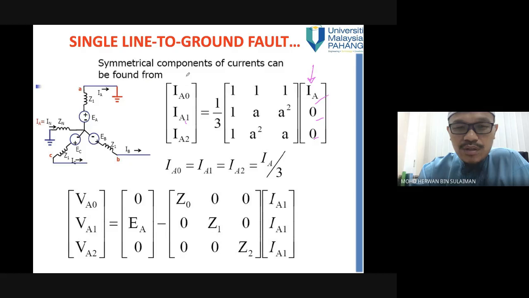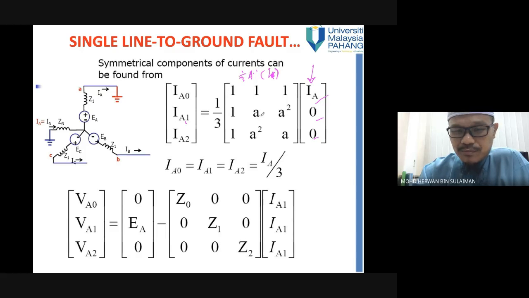And remember, to find the symmetrical components, you need to use A inverse, right? 1/3 A inverse times your unbalanced currents. So don't forget the 1/3 here. And then the A inverse, you must remember this one.